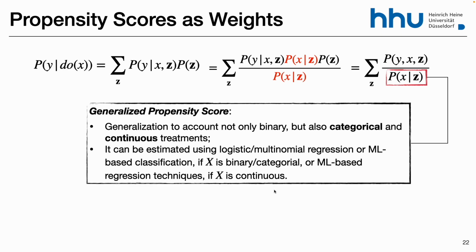If X is continuous, you can use regression techniques and so on. You are shifting the high dimensional issue to the estimation of the propensity score. But as long as you get a really good estimation of these probabilities of X given Z, you can create a pseudo-experimental sample.